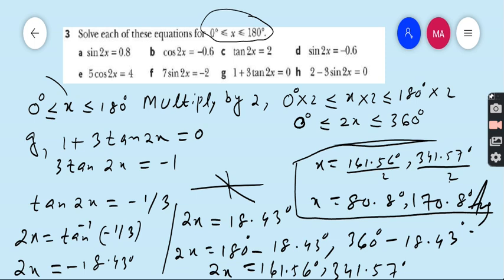This is our final answer. So I hope you understand this part as well.